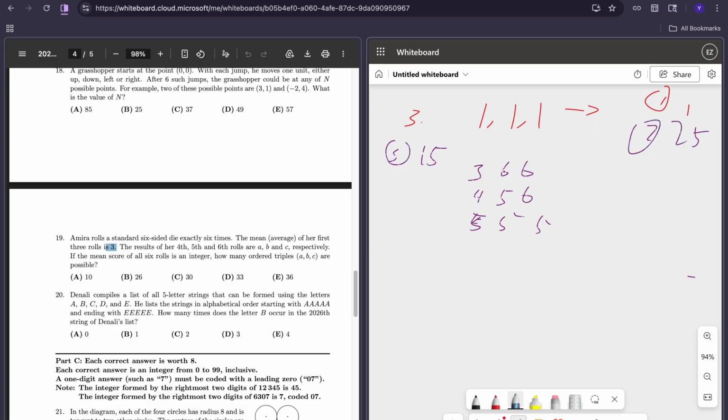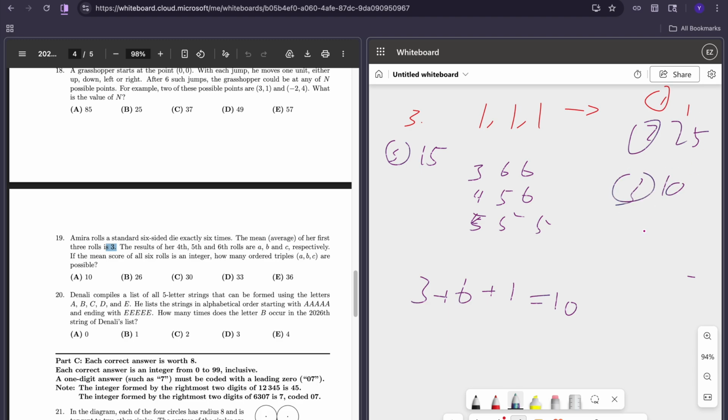There are no other choices. 3, 6, 6 has 2 numbers repeating, so 3 possible choices here. 4, 5, 6 is 3 different numbers, so 3 times 2 times 1, so 6. And 5, 5, 5 is 1. So right now we get 10. So the third case is 10.